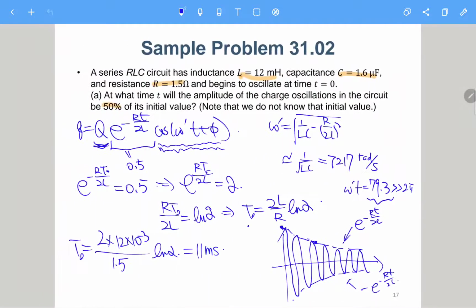Which means that from 1 to here, there should be 12.6 oscillations. Of course, this is not drawn. It is only more than 2 here. But if I want to draw 12.6, it will be very, very dense.